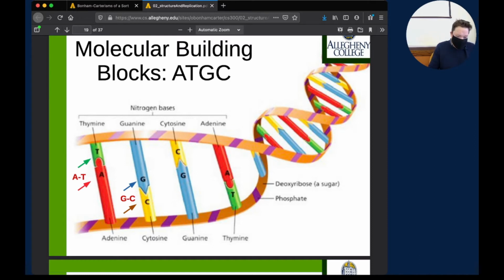But one thing that I want you to look at is in this diagram. I like how they've drawn this diagram. You'll notice that how the T's and A's connect to each other is a kind of jigsaw puzzle piece connection. And so is G and C. But you'll see that G's and A's cannot connect, by the geometry of these connections.